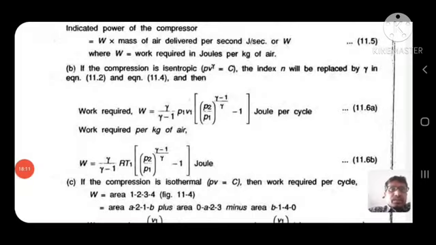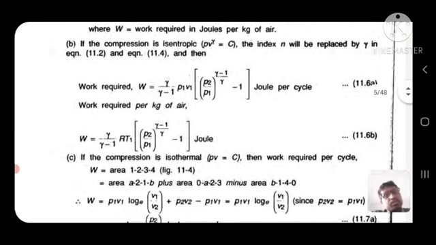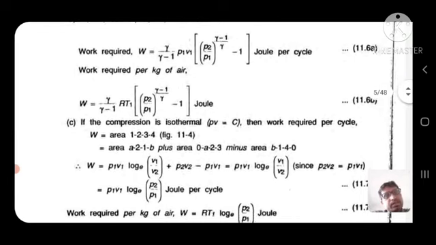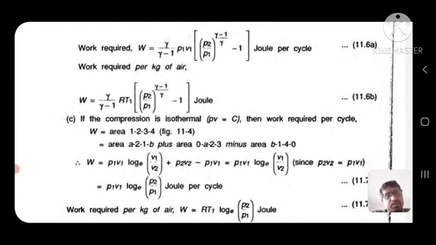If the compression is an isentropic process, that is, Pv^gamma is equal to constant, the index n will be replaced by gamma in this equation. The work done W is equal to gamma by (gamma minus 1) P1 V1 [(P2 by P1) to the power (gamma minus 1) by gamma, minus 1] joule per cycle.